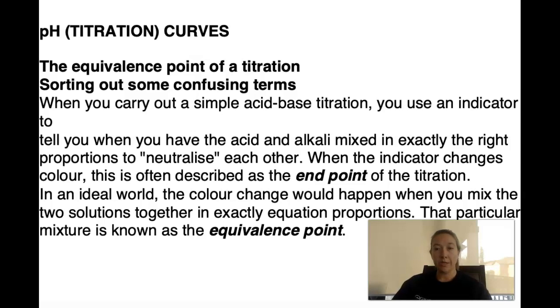For those of you that did the pH titration curve last year, you remember that we didn't stop when the indicator changed. We kept going all the way until the pH stopped rising, right? So we can add an indicator to indicate to us the end point, but really we're going to be able to tell off of our curve when we reach the equivalence point.